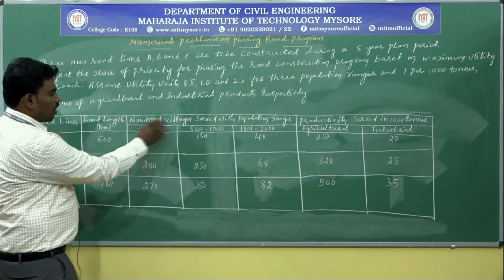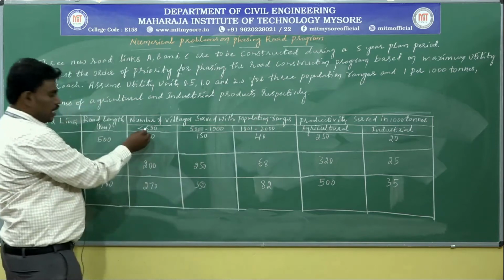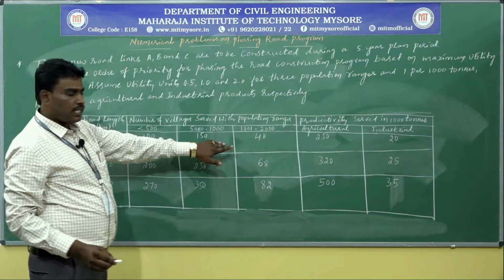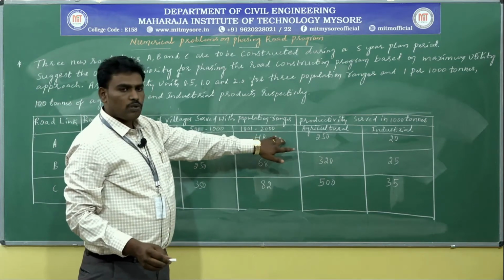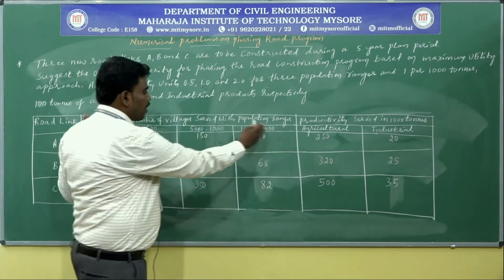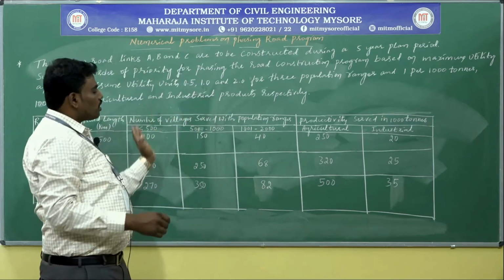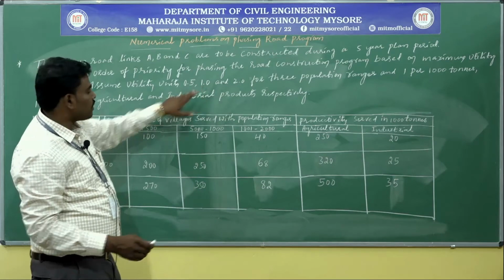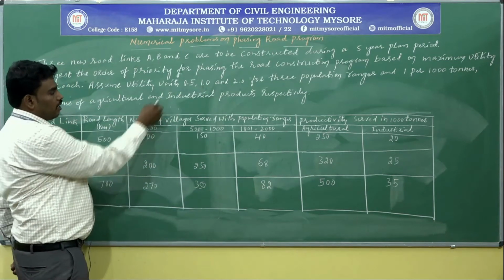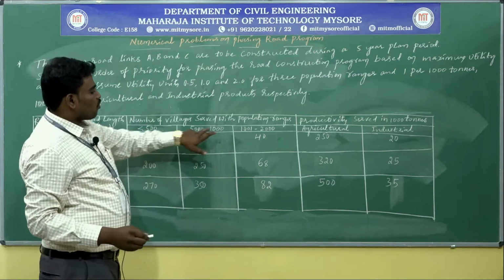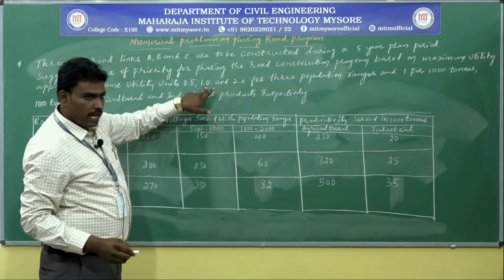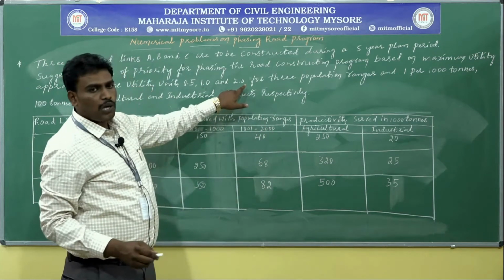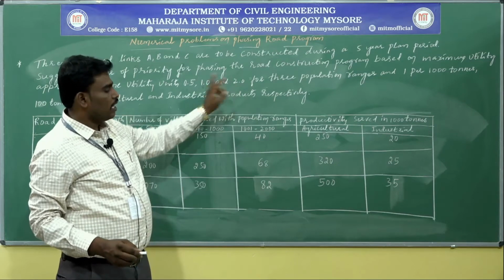Here the number of villages served are given with the population ranges: less than 500 is one population range, 501 to 1000 is another, and 1001 to 2000 is another. For those 3 population ranges they have given the population units: for less than 500 they have given 0.5, for 501 to 1000 they have given 1 as a population unit, and for 1001 to 2000 they have given 2 as a population unit. Okay. Next I'll move on.